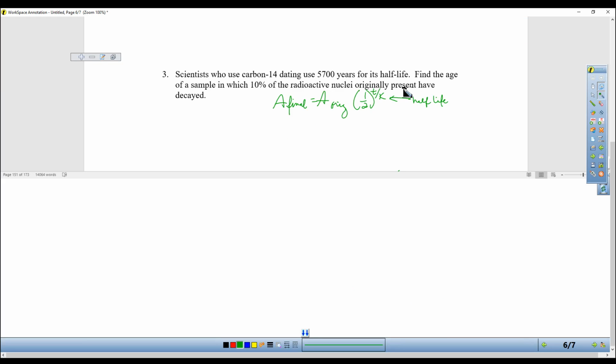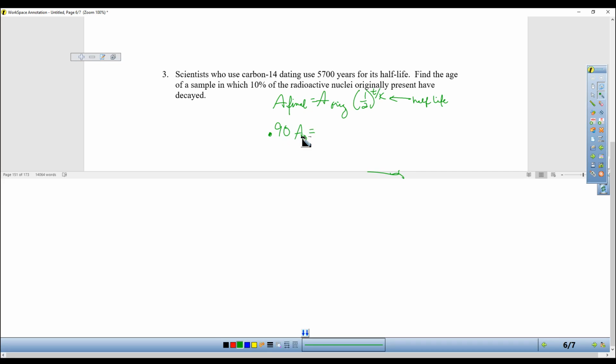So it says that only 10% of the radioactive nuclei originally present have decayed. So your final amount is only 90% of the original amount. I guess I don't need to write out original, just AO will do it. So AO, 90% of AO, because 10% is gone, you have 90% left.